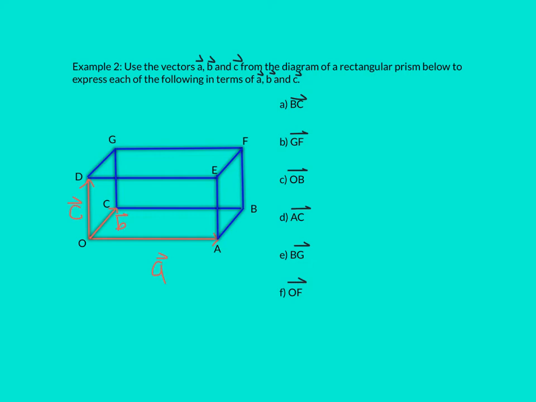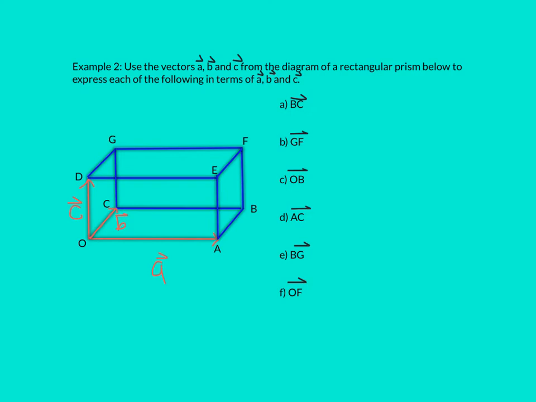So for BC, we know that we're going from here to here. We can notice that that's actually parallel and the same length as vector A, but it does actually go in the opposite direction.